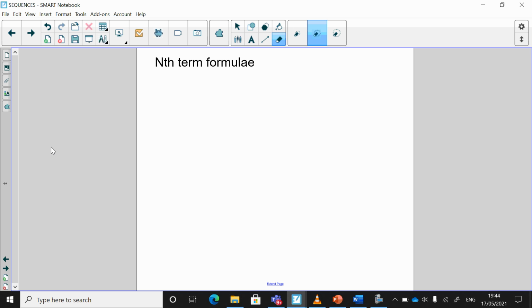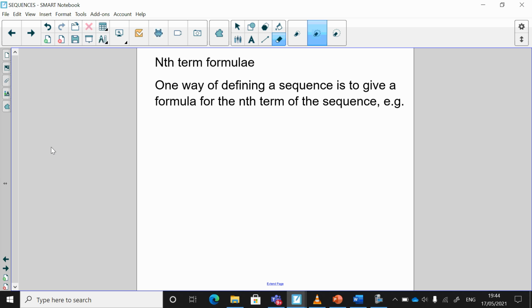So we're going to give you a formula for the nth term, because we can have many formulas. For this sequence of numbers, we're going to give you a formula or a method for creating it.